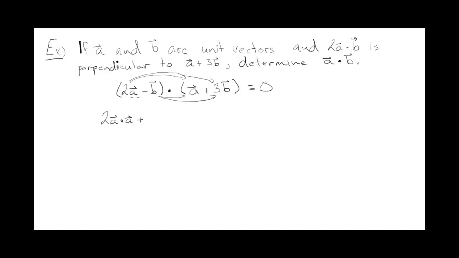So this would be 2A dot A plus, and then I have 2A dot 3B, but one of the properties of scalar multiplication is that you can just multiply the constants.